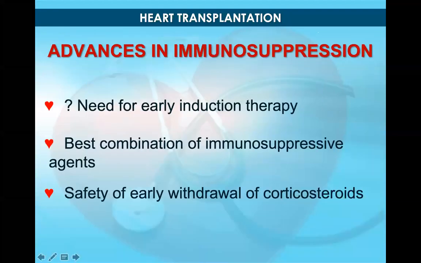The immunotherapy is a very deep and subspecialized topic. I don't think that you will benefit a lot, but in brief, we do an induction therapy for the patient, on day 1 or 2, it could be a single dose or 3 doses of ATG, and then we start the immunosuppressants such as prednisone, and then tacrolimus.